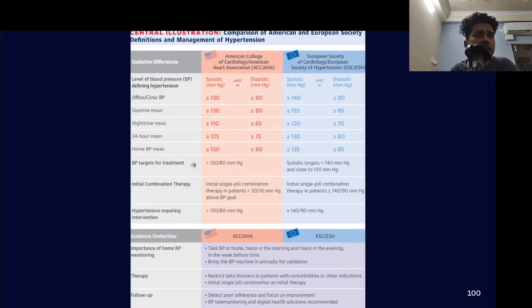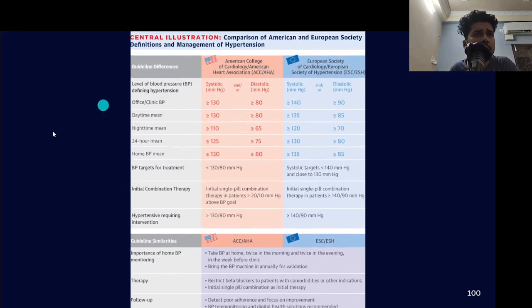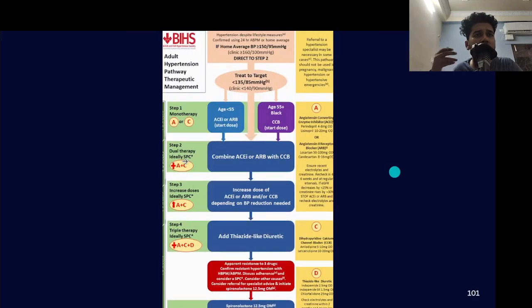So this table talks about the comparison of the American and European definitions of hypertension. Generally we can think of it as more than 130 by 80 for Americans, and for Europeans 140 by 90. There are going to be a lot of differences in the management, but we'll discuss this when we get to the part on hypertension.